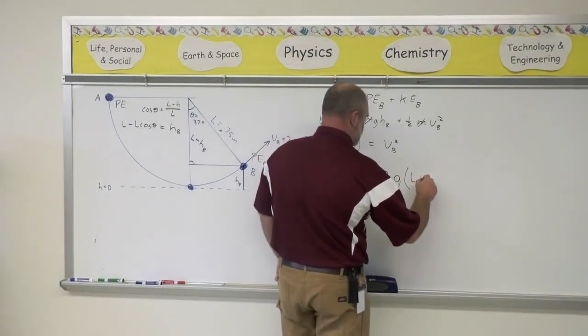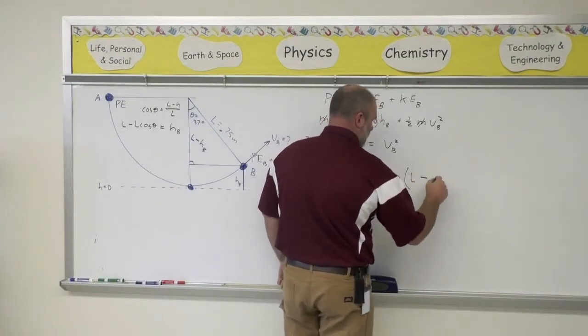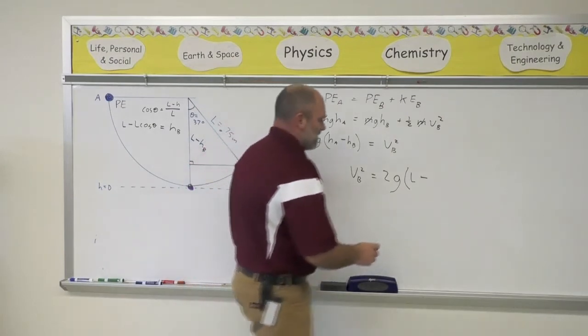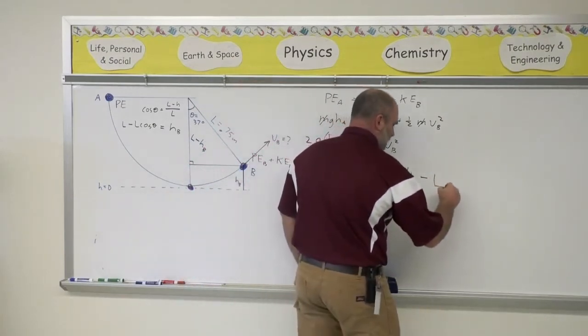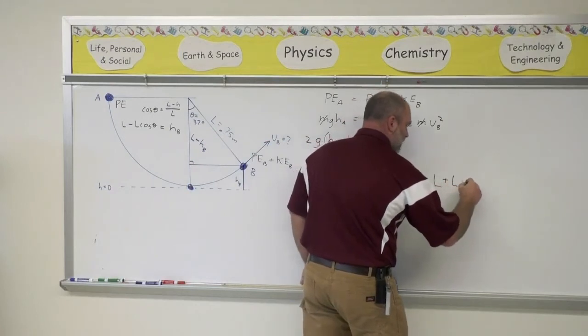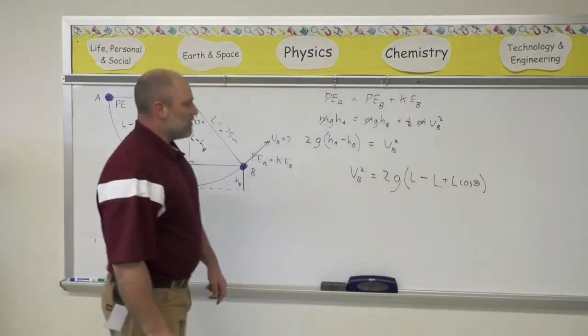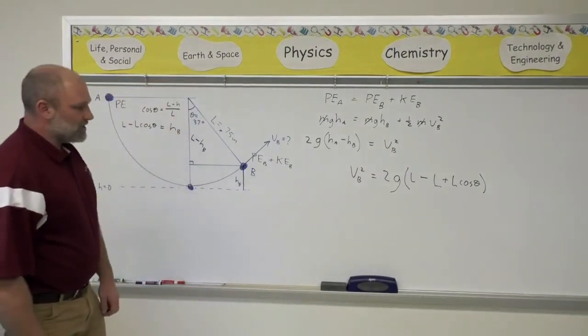So let's see here. This was minus. I have to be very careful here because it's minus that height. So it's minus L plus L cosine theta. And all of that equals the velocity squared.